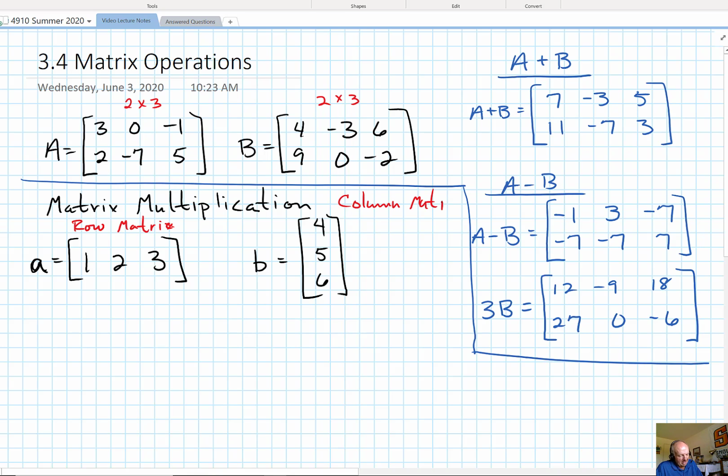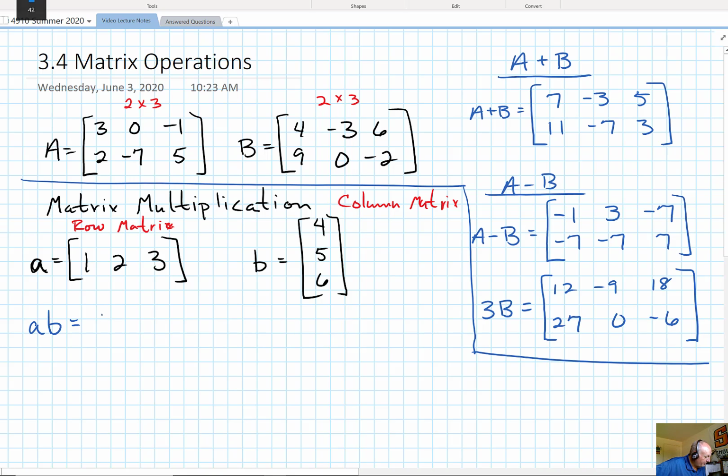Now these are kind of clunky words to call them, row matrices and column matrices. We'll often refer to these as vectors, and we'll get into vectors a little bit more later. But let's just talk about how we multiply a row times a column. It's a dot product, if any of you remember that from Calc 3.